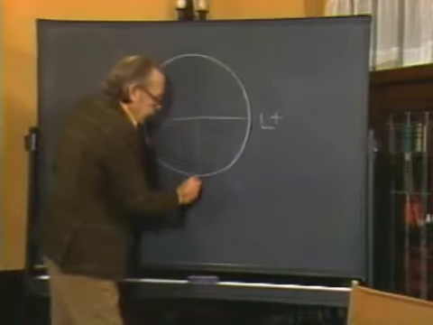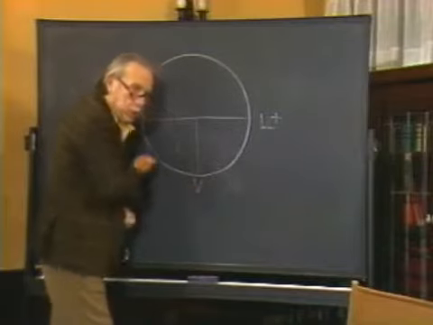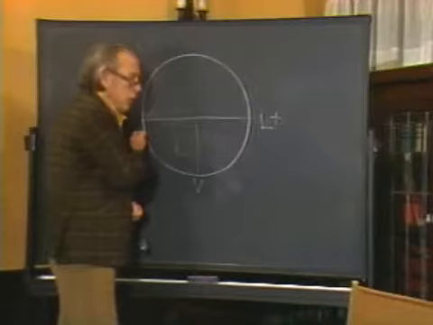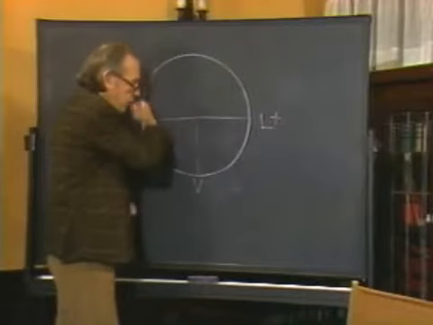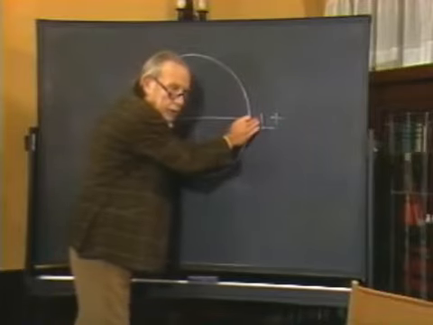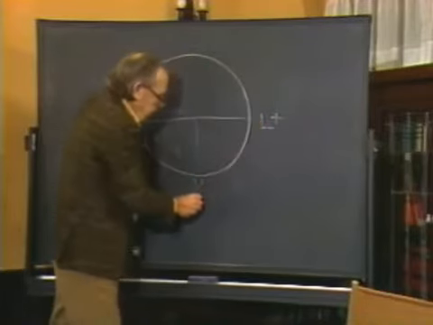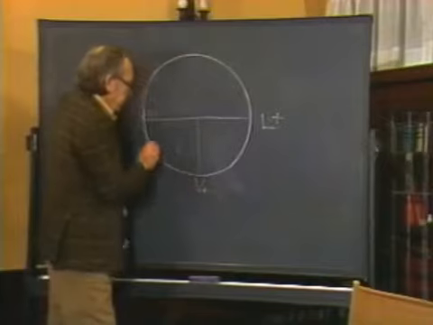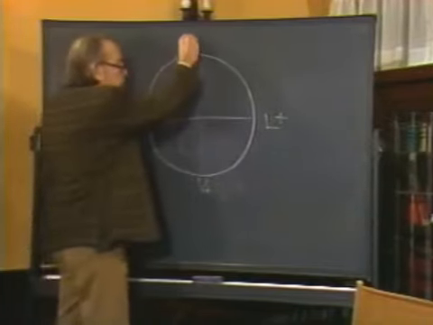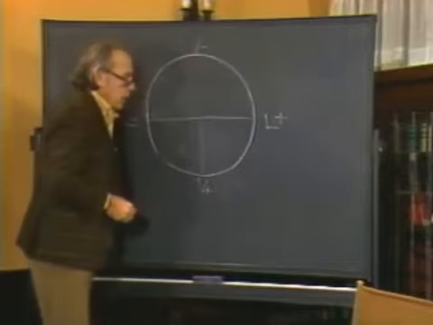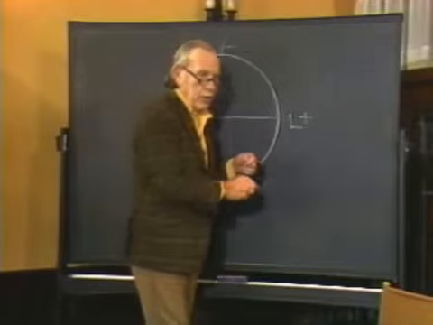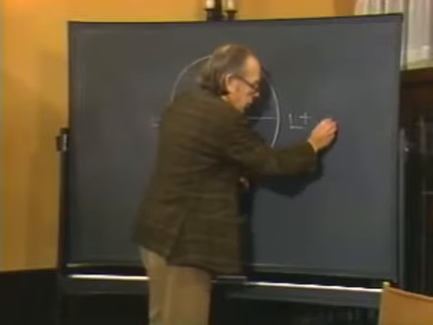The velocity is a maximum here, which is a quarter way through the cycle. And if I could think of it going back and forth or just going around, the point is it gets back to this point at the end of the cycle. So here's V plus, and here's L minus, and here's V minus. But we recall that the acceleration was negative over here, so I'll put A minus.